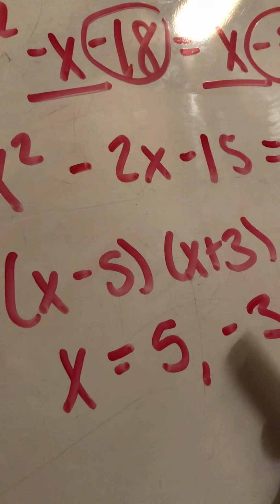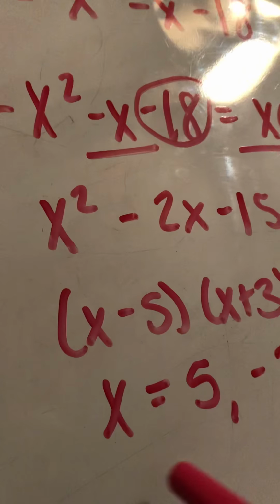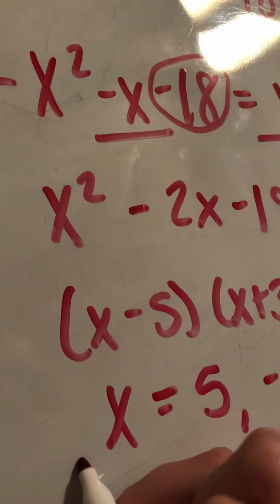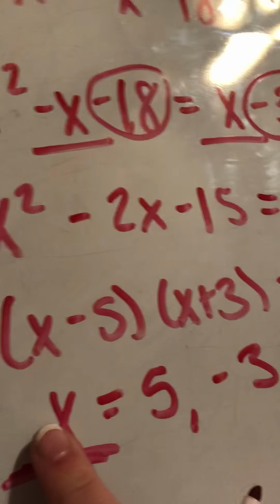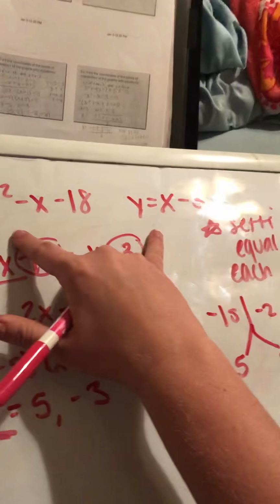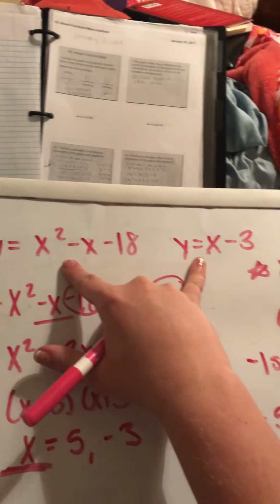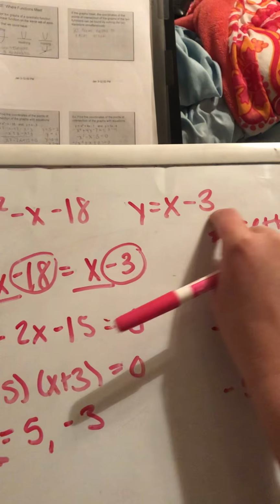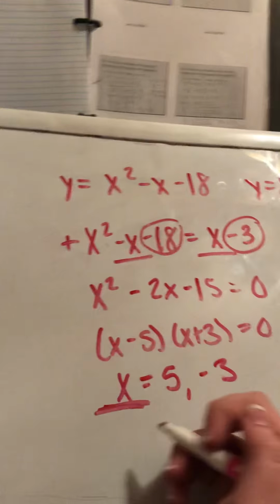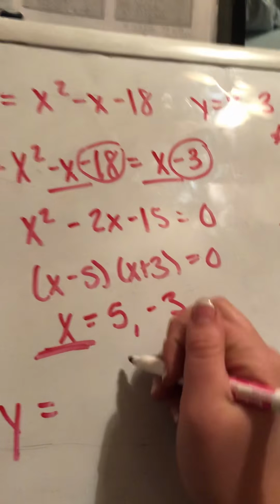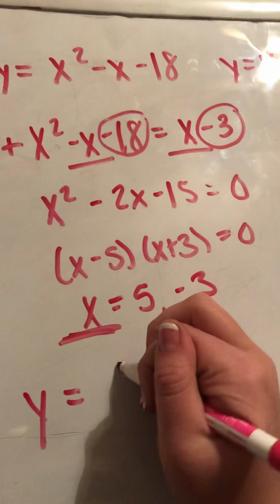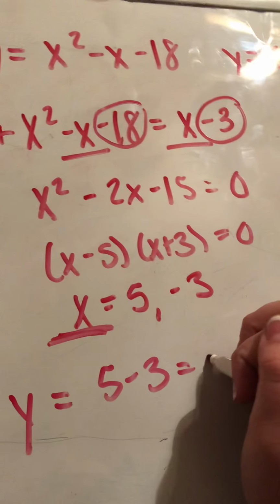But this problem asks for the coordinates. So you're just going to go about this like any other problem, and you're going to take this x and plug it back into one of your original 2 equations. I would definitely go for this one because it's so much simpler. So you would go y equals x number 1, 5 minus 3 equals 2.